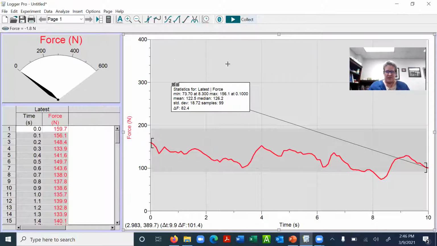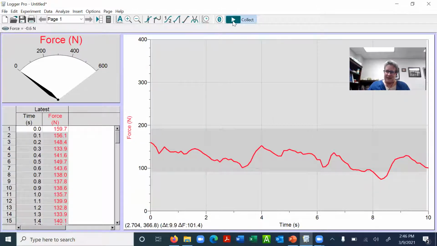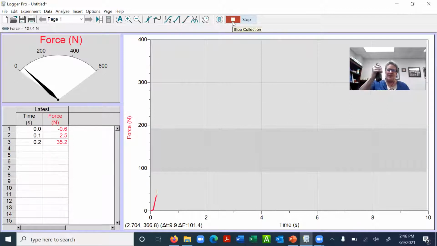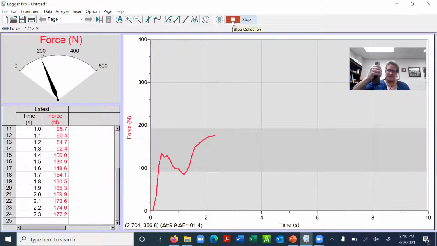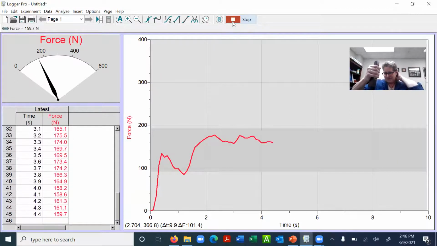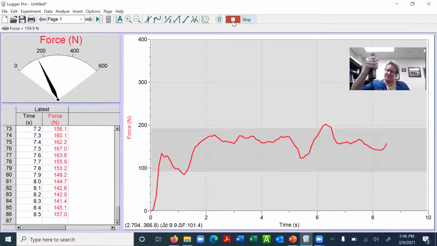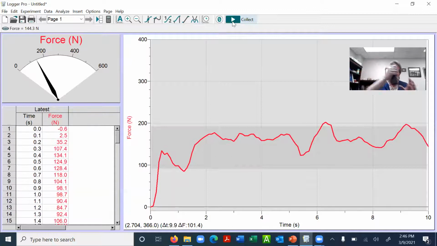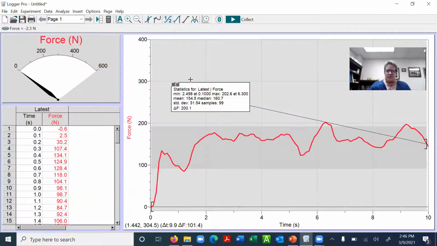I don't think it's doing it, so I'm going to stop, get rid of this, hit collect. There we go. Since it's still collected, I should be able to hit the statistics button. It's 154.5 for my right hand.